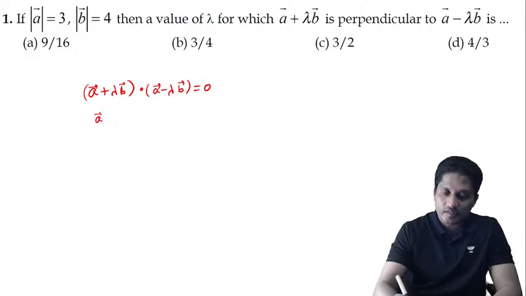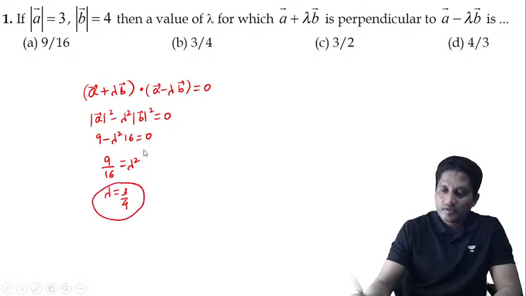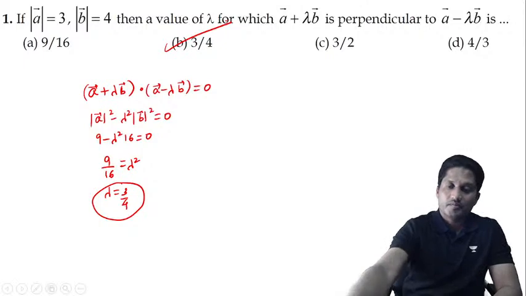So this is mod A the whole square minus lambda square into mod b the whole square is 0. Mod A is equal to 3, so this becomes 9. Mod B is equal to 4, so this becomes 16, equal to 0. 9 by 16 is equal to lambda square. So lambda is equal to plus minus 3 by 4. So answer is 3 by 4. Answer is option B. Right, let's move to the next question.